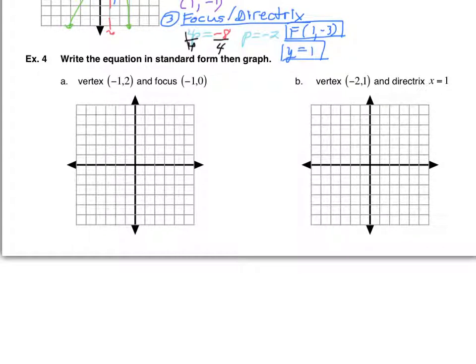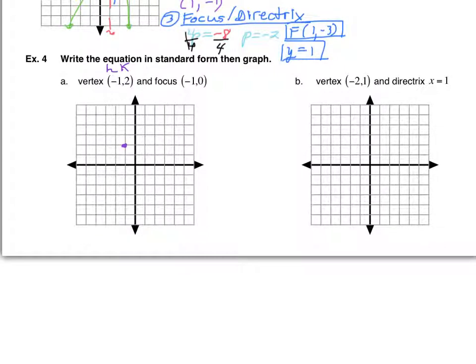So if they give me the vertex and one of those two, don't I know p? So I'm not using algebra, I'm graphing it, and I'm counting. So they have given me my vertex, which is h and k, and then my focus is going to allow me to find p. So let's go ahead and plot the vertex, (-1, 2).